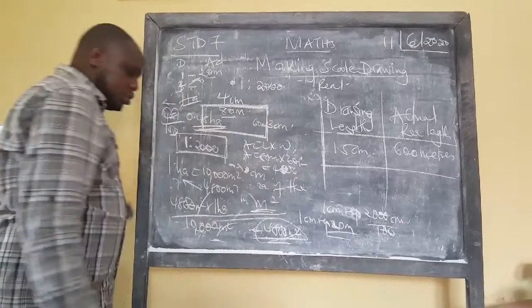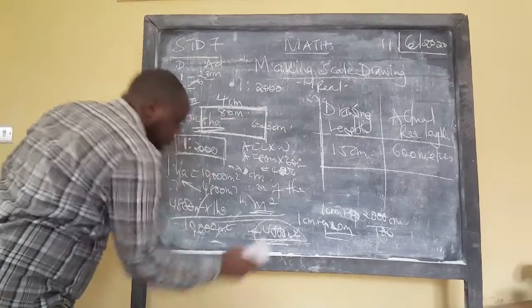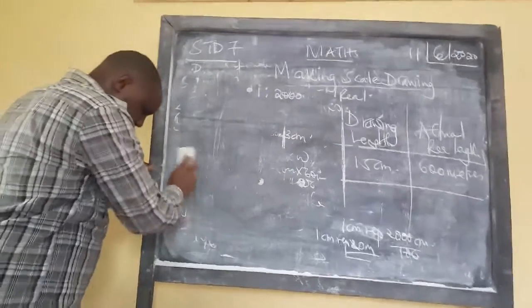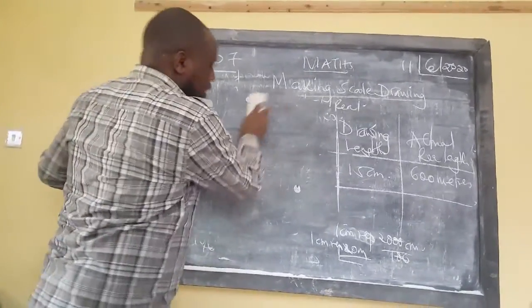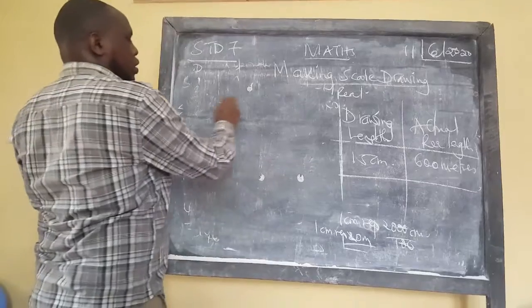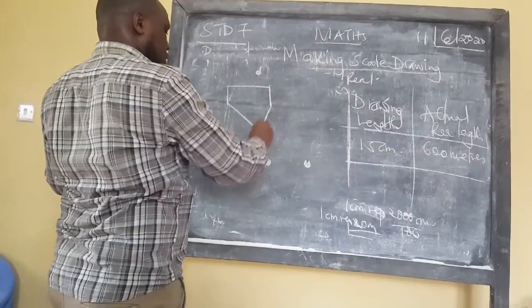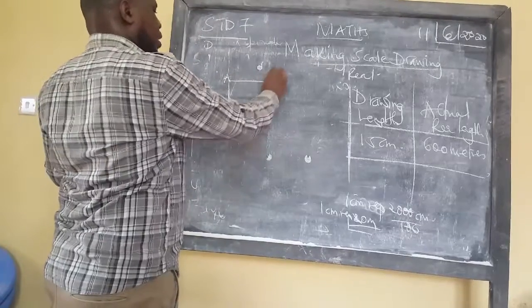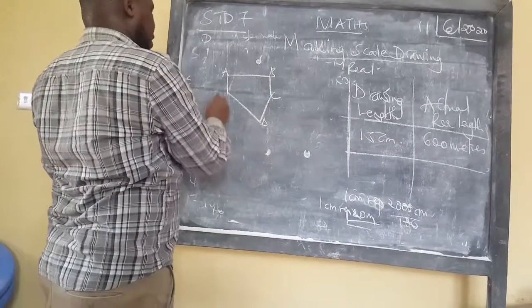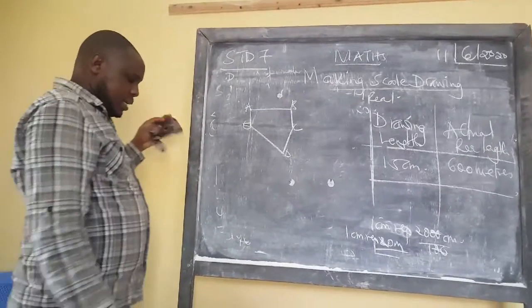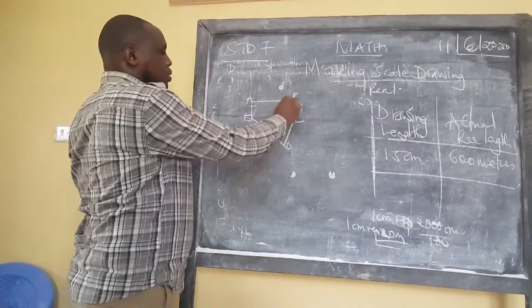So in exercise 22, you are given a shape there, and then you are asked to get the measurements. Now, you'll be given something like this. That is A, B, C, D, and then E. What they're saying is that this is a right angle.